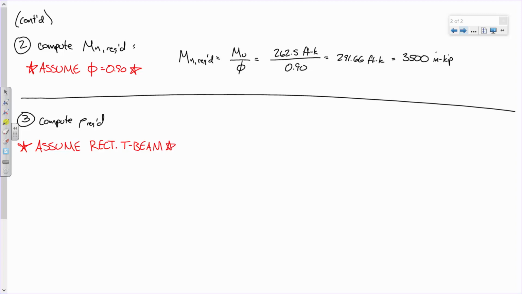So we're assuming a rectangular T-beam, but we're going to verify that assumption later. Now let's see what it comes out. Let's see what happens. So rho required, and this is a big formula, okay?